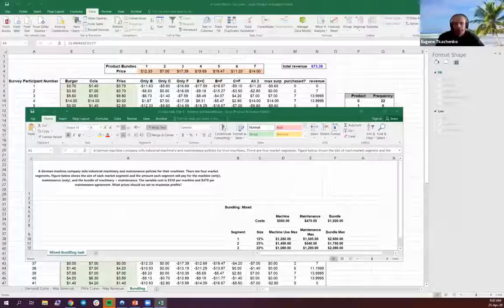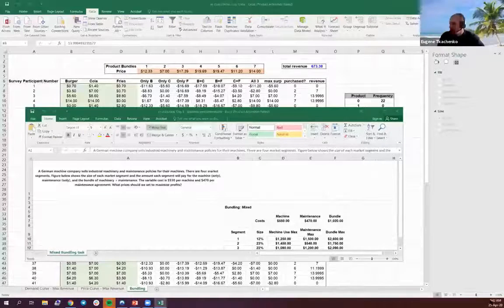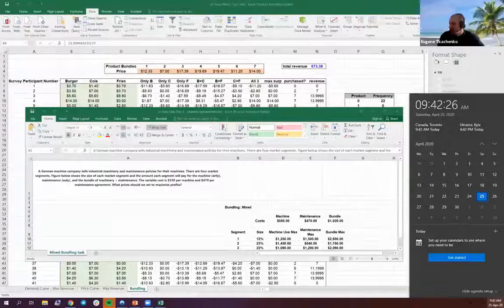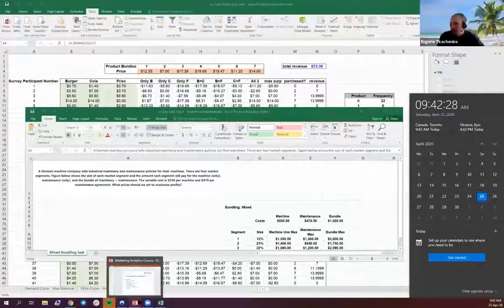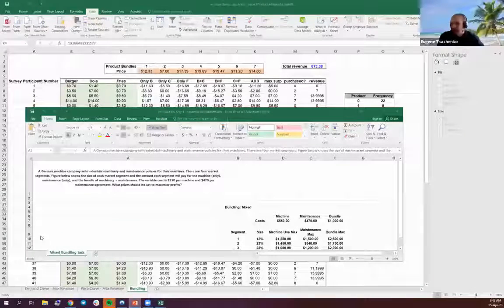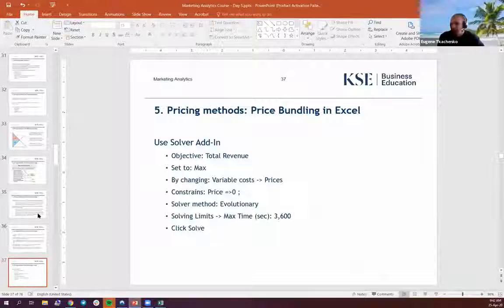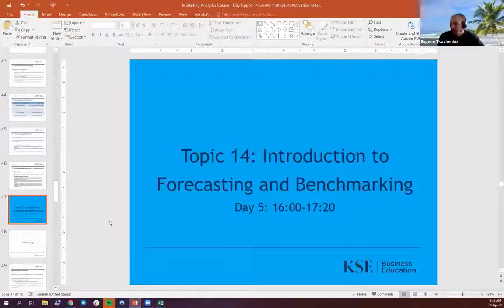For the rest of you guys, do you have this spreadsheet open? Right now, what time is it? It's 4:42 and how much time do we have left? Yeah, we do have some time.